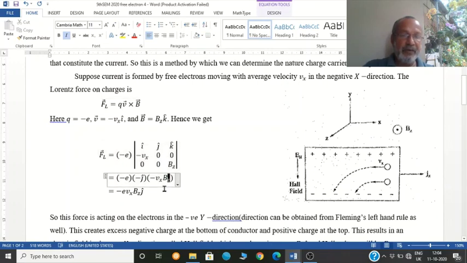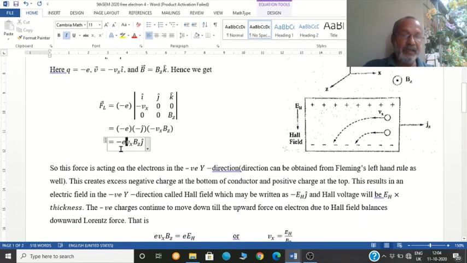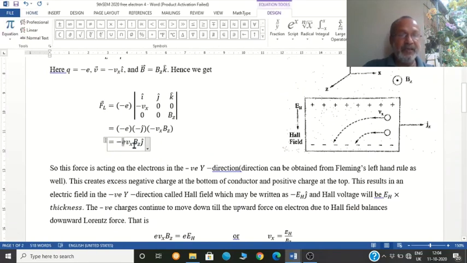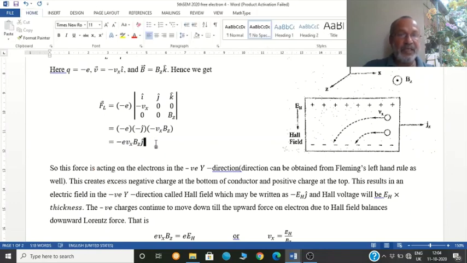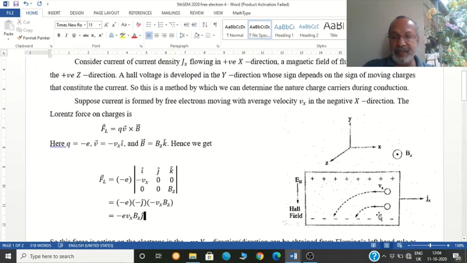After evaluation we get a force as minus e vx Bz j. So force is in the j direction, that is in the y direction, and because of this negative sign, the force is in the negative y direction, or the downward direction. That is shown in this diagram.